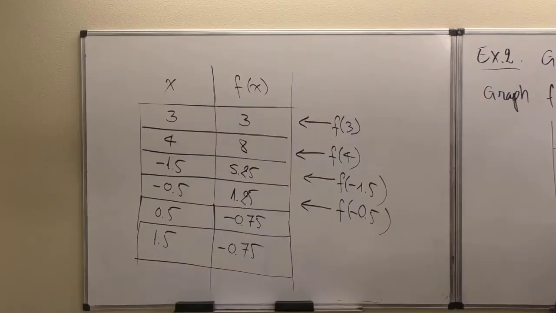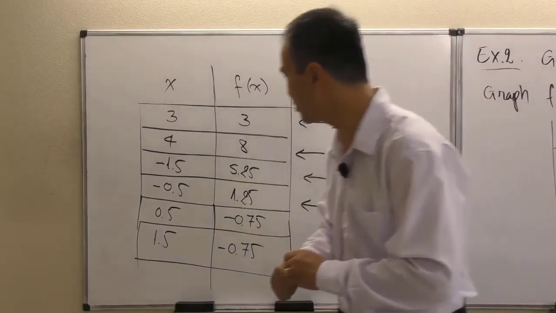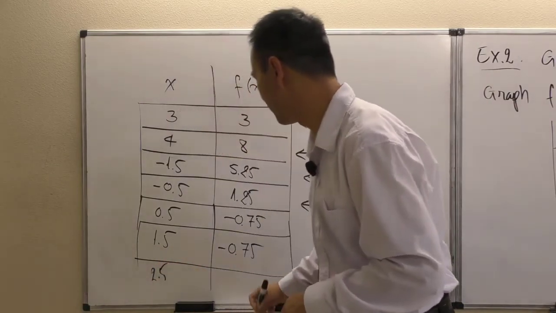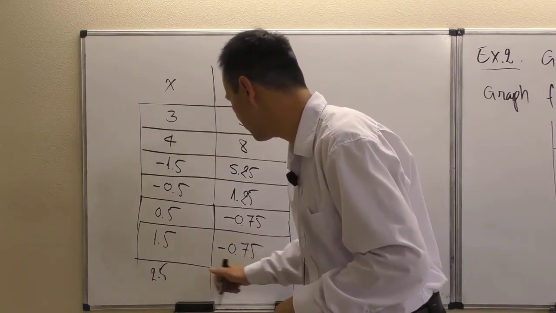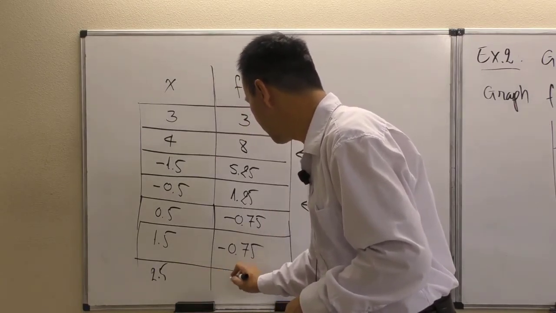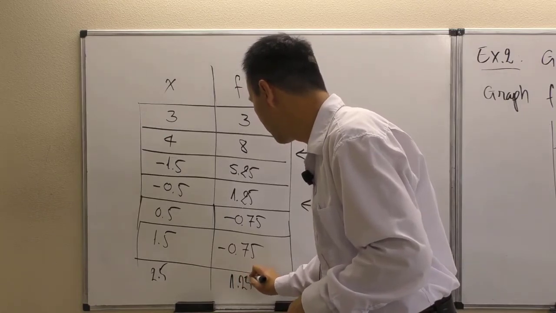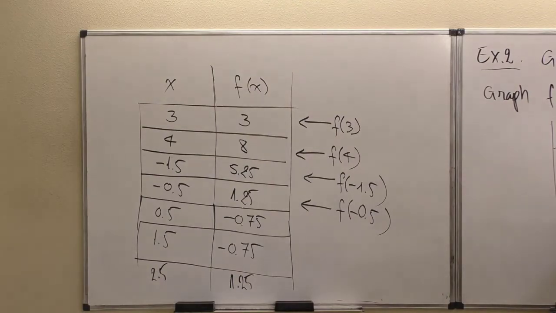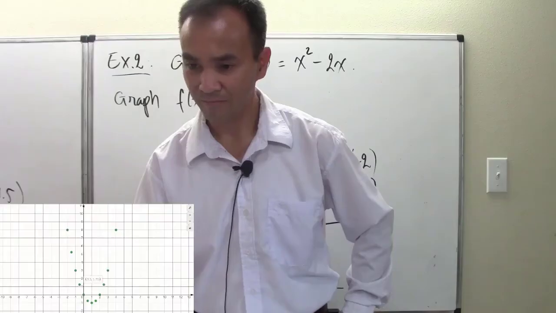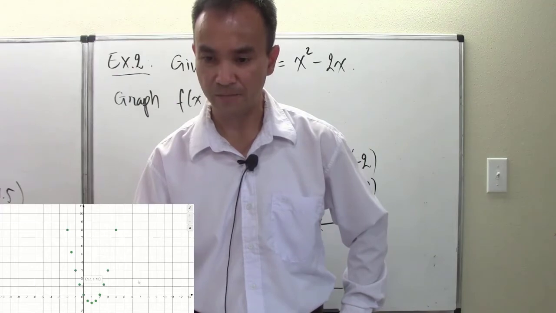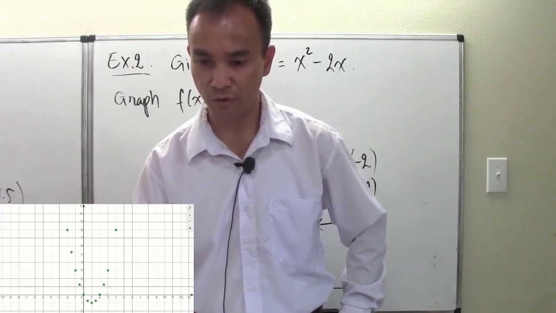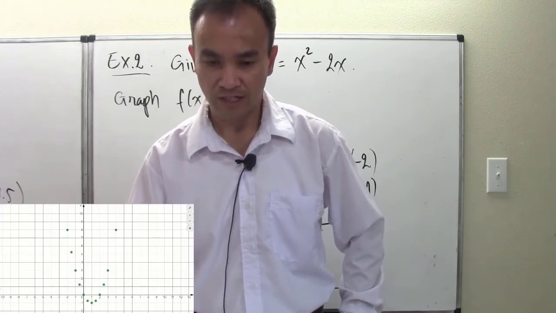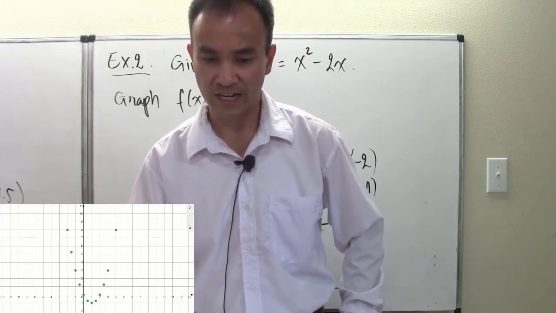So on my table values, we can also put in a 2.5, and it gives me a 1.25 again. And so now, back to this graphing space, we are ready to put all of these pieces of information back. So now we're clear that we can just start doing that tracing again.